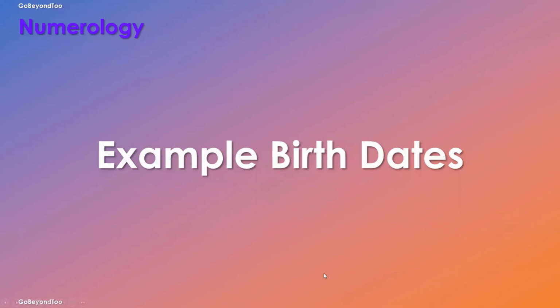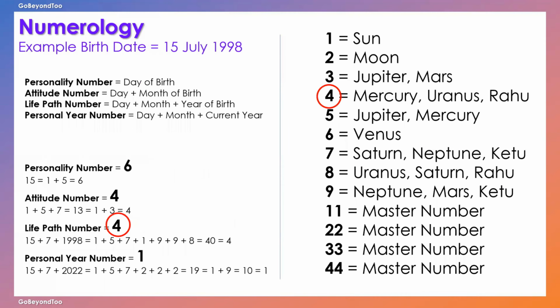I'm going to give 3 examples of birth dates so we understand how we calculate those numbers in numerology. The first example birth date is a person born on the 15th of July, 1998.